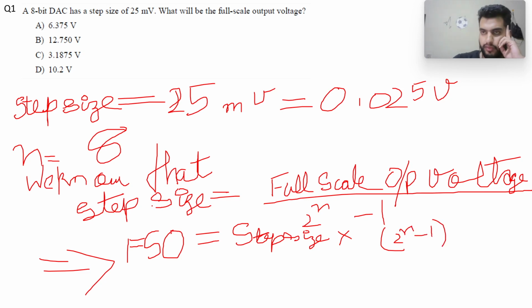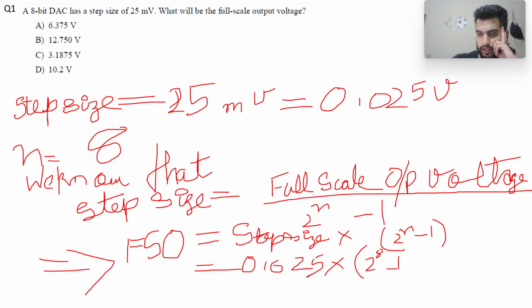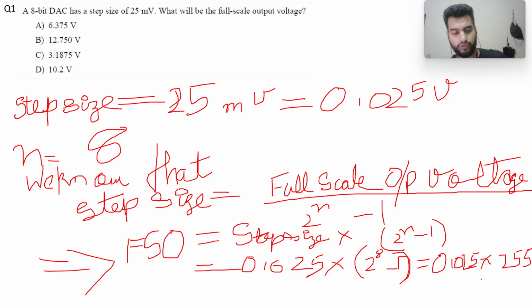What we did is we simply wrote the formula for the step size, that is equal to full scale output voltage divided by 2 raised to power n minus 1. So full scale output voltage is equal to step size multiplied by 2 raised to power n minus 1. Now plugging in the values that are given: this is 0.025, I have kept it in SI units only, multiplied by 2 raised to power 8 minus 1, that is 0.025 multiplied by 255, because 2 raised to power 8 is 256, minus 1 is 255.